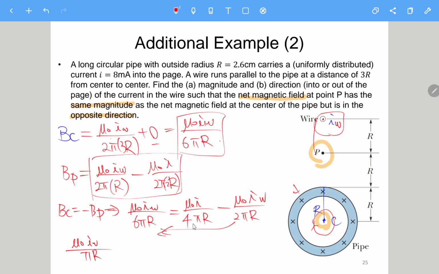So it should be 1/2 plus 1/6, which becomes 2 over 3, and that equals mu0 I over 4 pi R.